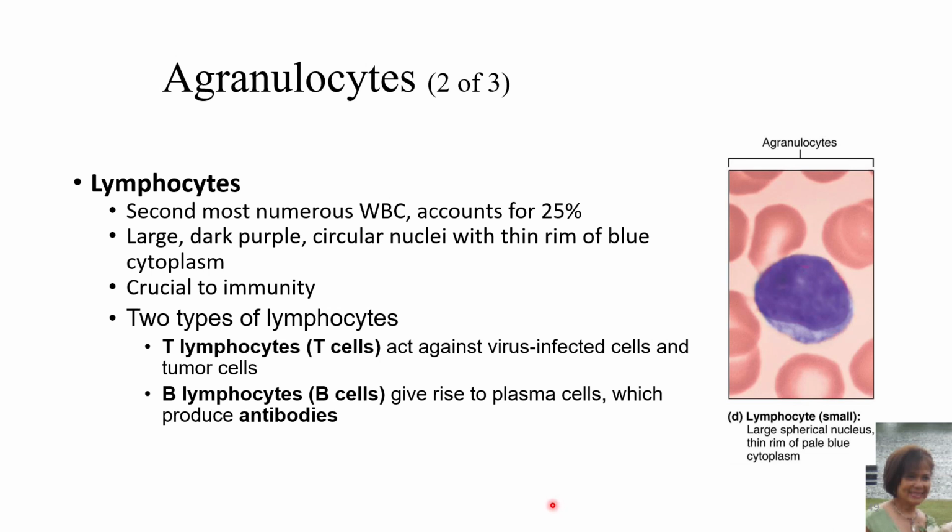And there are two types of lymphocytes, the T lymphocyte and the B lymphocyte. The T lymphocyte acts against various infected cells and tumor cells, and it is produced in the thymus gland. The B lymphocyte is produced in the bone marrow and gives rise to plasma cells, which produce antibodies. So between the two types of lymphocytes, the antibody producers are your B cells.